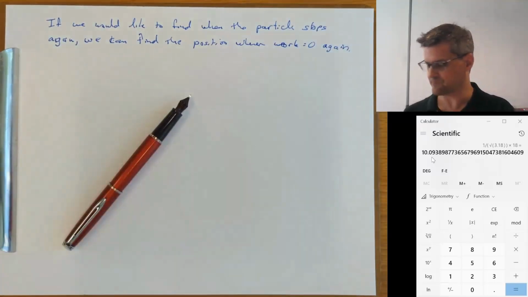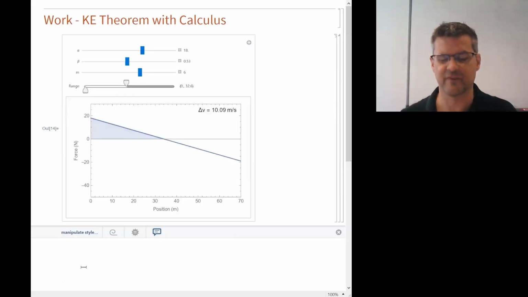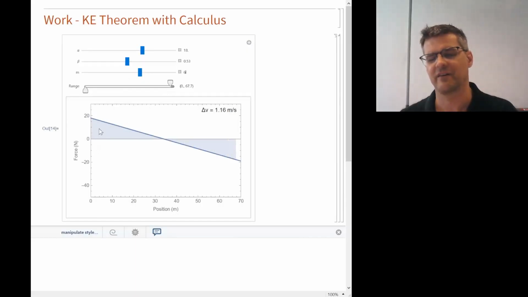Again, going to Mathematica, we know that work here, this shaded area, is positive work, but this shaded area is negative work. I just need to integrate over enough of a range so that this shaded area and this shaded area are the same size, right?